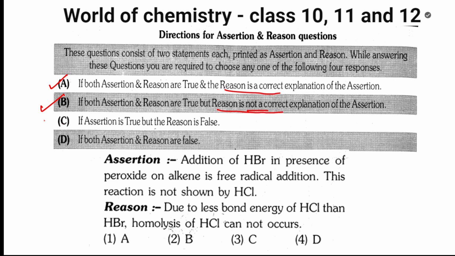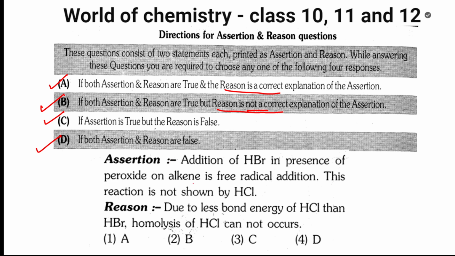In option 3, assertion is true, but reason is false. In option 4, assertion and reason are false. Assertion is just explaining the fact, what actually is. The sky is blue in color. The reason is the sky is blue in color because of Raman scattering. So assertion is an actual fact, like the apple is red in color. So any supporting statement is a reason for that.